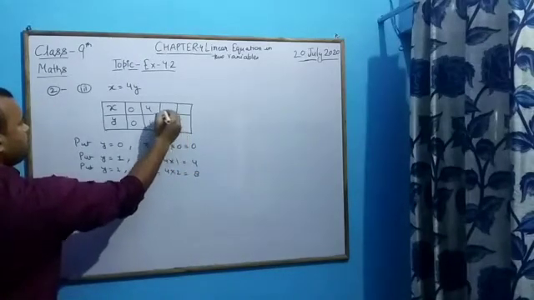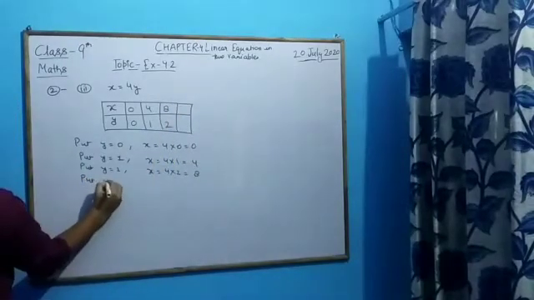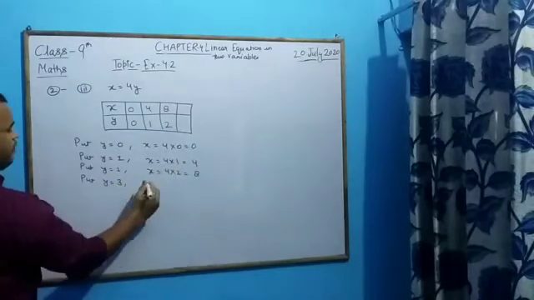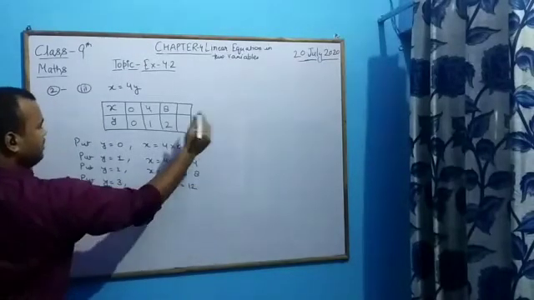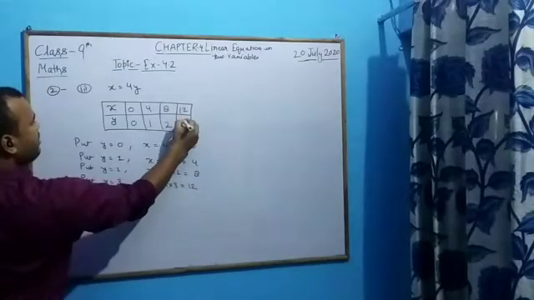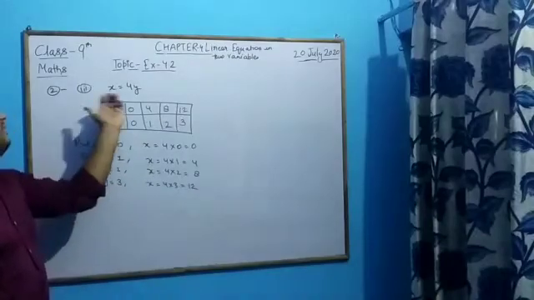So 8 comma 2. Now put y is equal to 3, and what we get? x is 4 into 3, that is 12. So that is 12 comma 3. This is the set of 4 solutions for this equation.